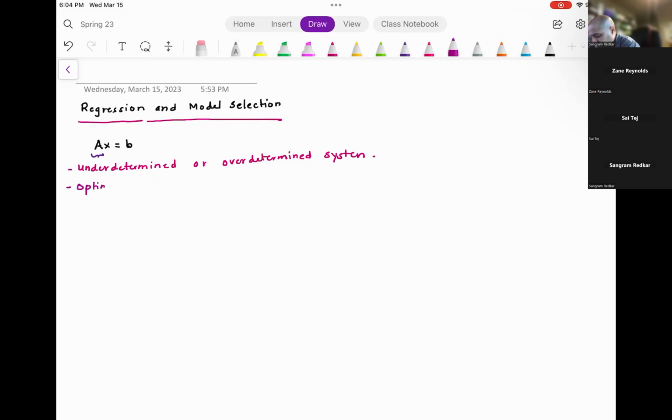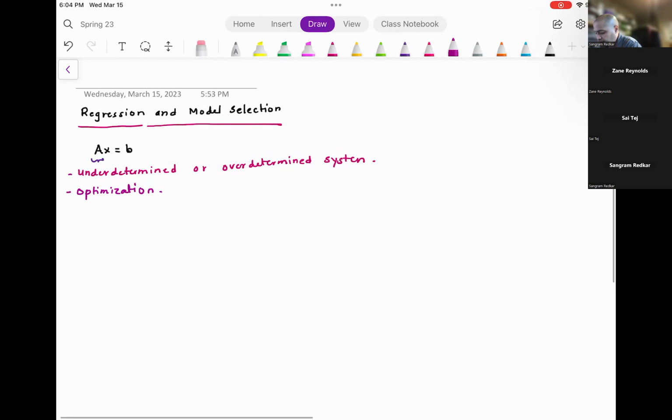So, optimization. And optimization is a huge field that is used in control theory, machine learning, dynamics, data-driven modeling, and so on.